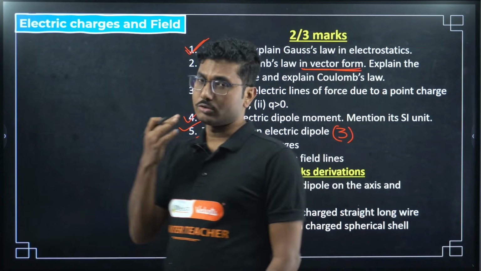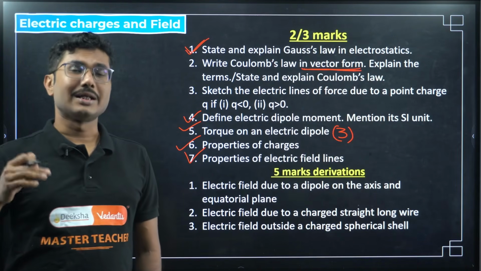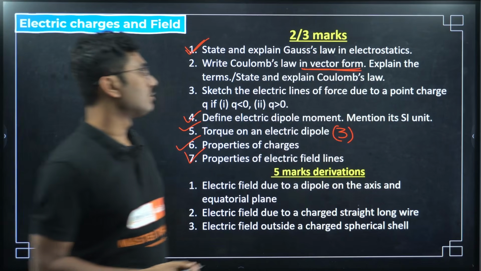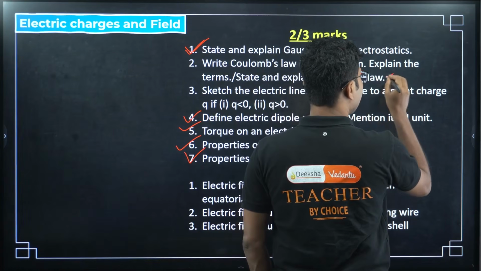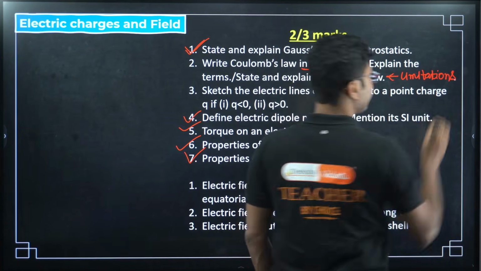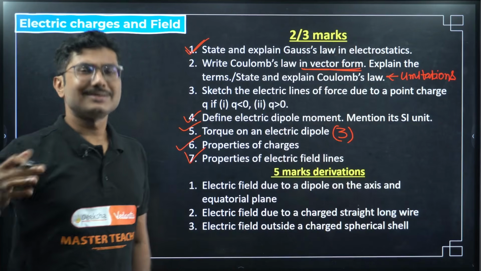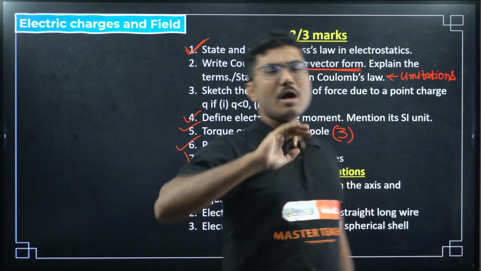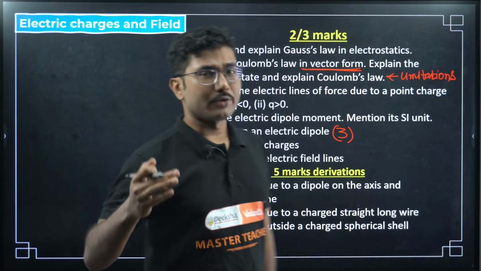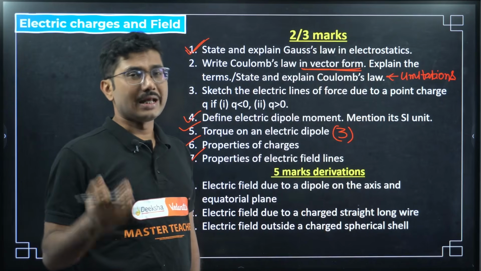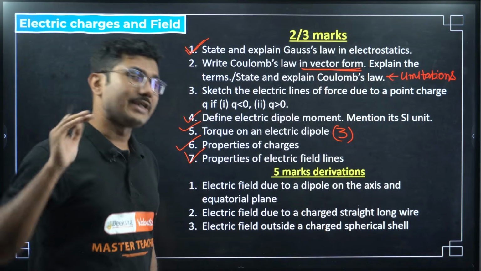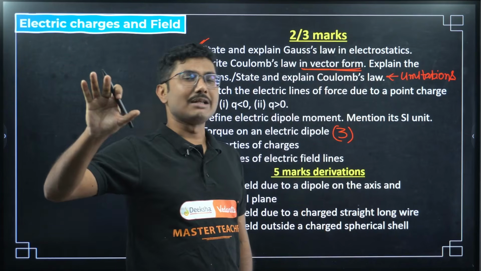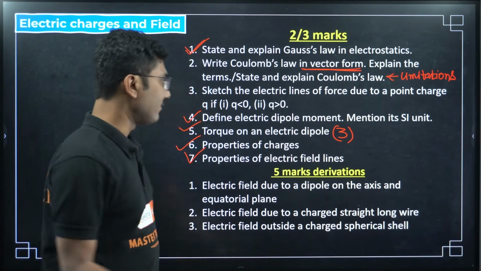So that can also be added, that is what are the limitations of Coulomb's law. That can also be added in this question. There are 2 limitations. Just find it. The answers are there in your NCERT textbook. So if you really want to study by yourself without any help, then you can find the answers in your NCERT textbook. But if you really want exactly how to write the answers, join me in the live class.